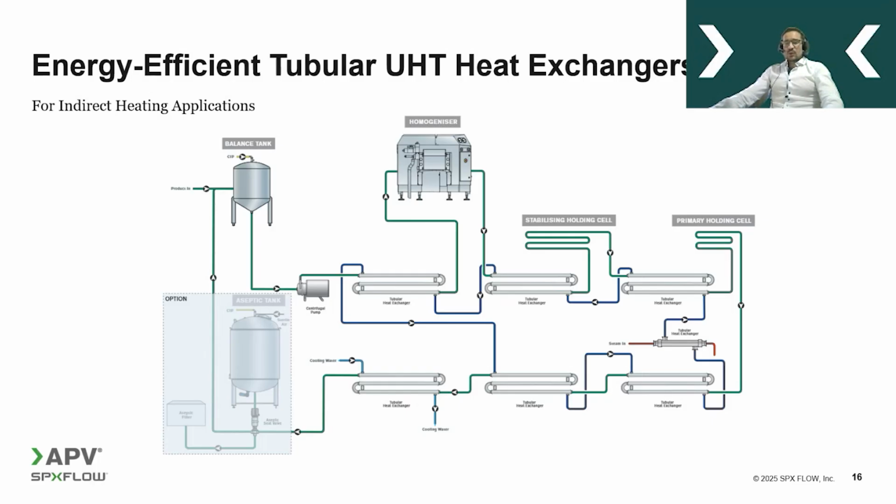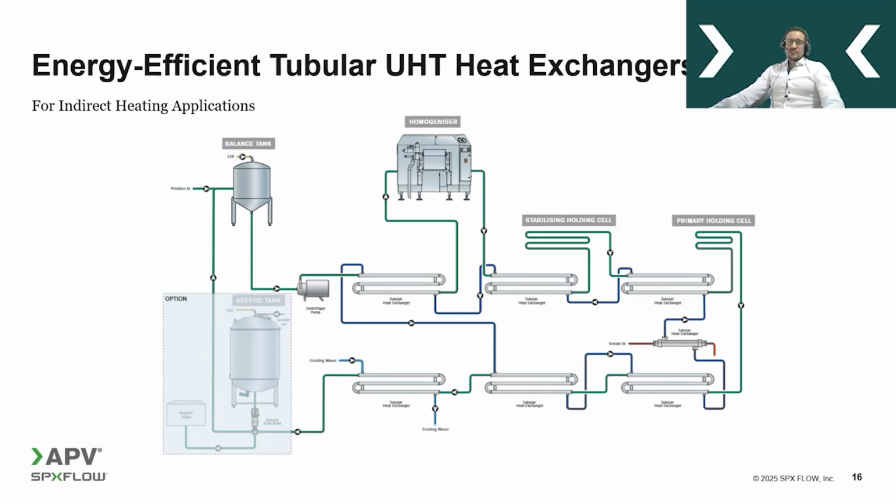And after that, we would go into the main holding cell, where the milk could be held for approximately 3 to 5 seconds, depending on the recipe and the product. Once again, just to give you an idea of the typical time in the main holding cell.